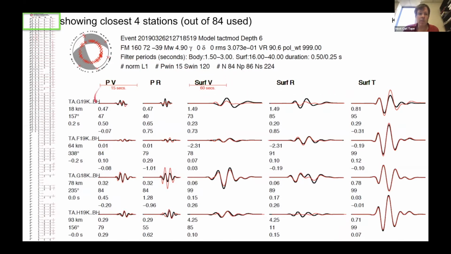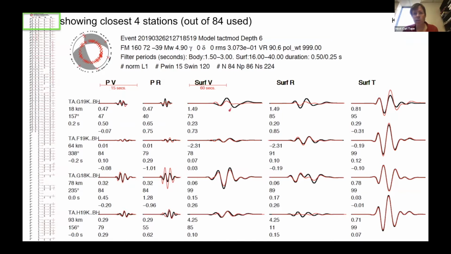In this case, there's some body waves, there's some surface waves, Rayleigh waves on the vertical Rayleigh component, Love waves. And the point here, these are 4 stations out of a lot of stations shown here at the left for some earthquake in Alaska at a certain depth. But the idea is we're looking at filtered seismic waveforms and we're searching over space of moment tensors where each beach ball gives a different set of synthetic seismograms. And we're trying to find the synthetic seismograms that fit the best and call that our best fitting moment tensor.